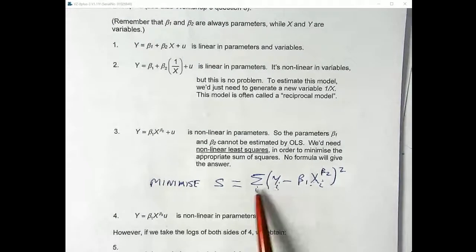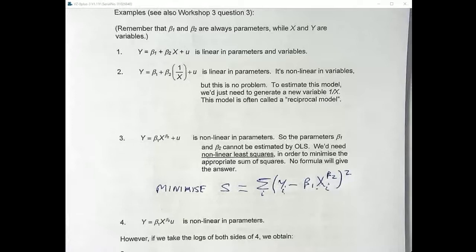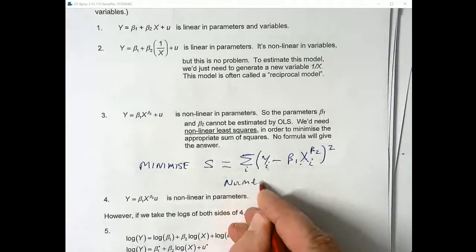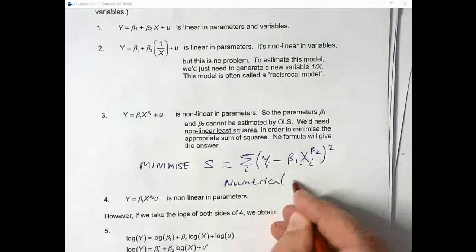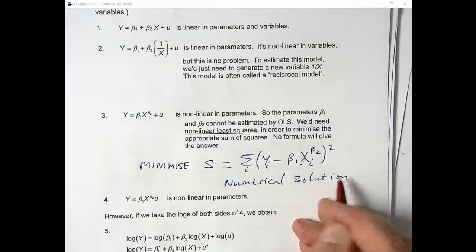If you try to do that for this, differentiating with respect to beta 1 and beta 2, setting them equal to 0 and solving, you won't be able to solve those equations. So it's a non-linear problem, and you can only solve it numerically. There's not an analytical solution, there is a numerical solution.